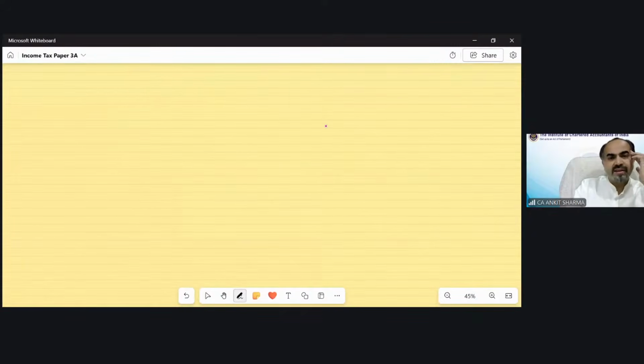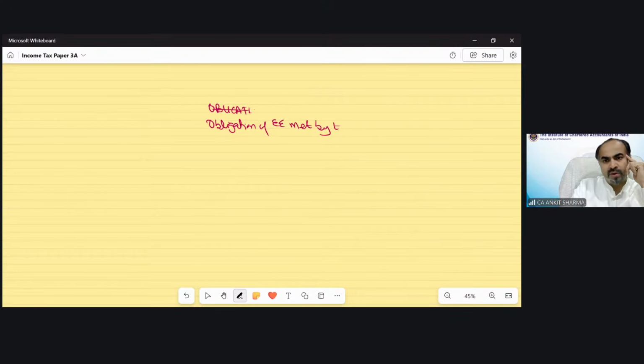So we are discussing the kinds of obligation or perquisite. Obligation of employee met by employer. So perquisite is an obligation, but there are two kinds of perquisite. That's why we are discussing this. Perquisite and obligation, same thing.